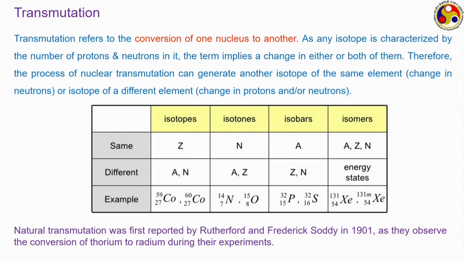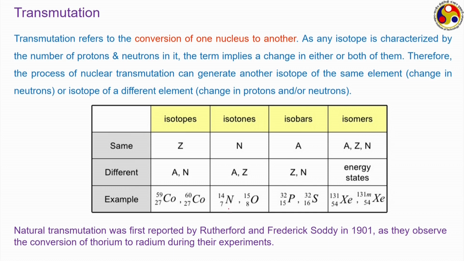First one is isotone. It refers to those nuclei which have a different number of protons but the same number of neutrons, and accordingly their atomic number and mass number are both different, but only the number of neutrons is the same. Like here we have the examples of one particular isotope of nitrogen and one particular isotope of oxygen.